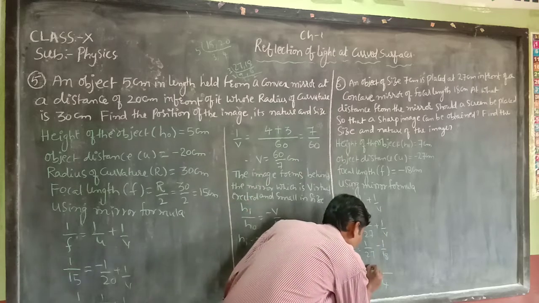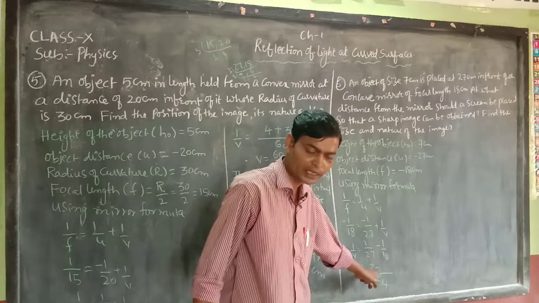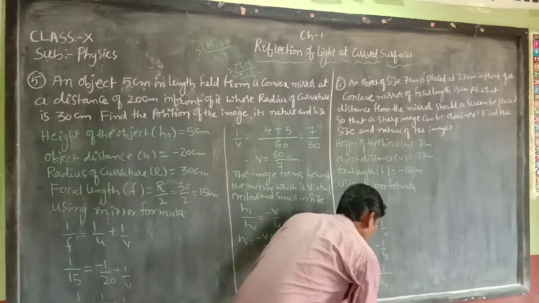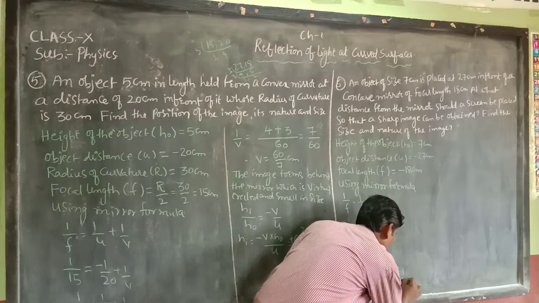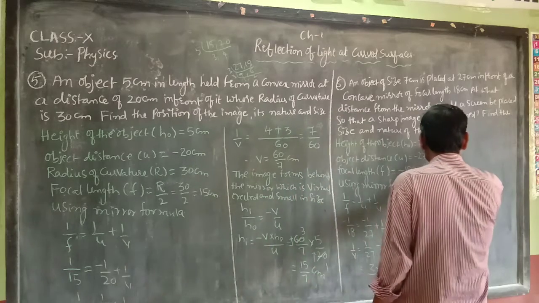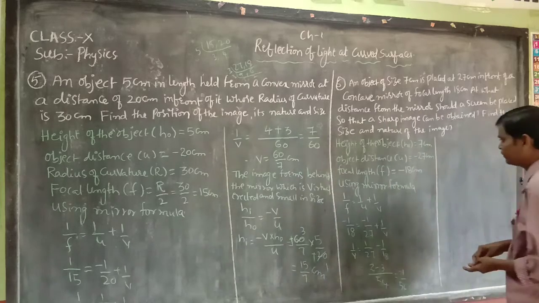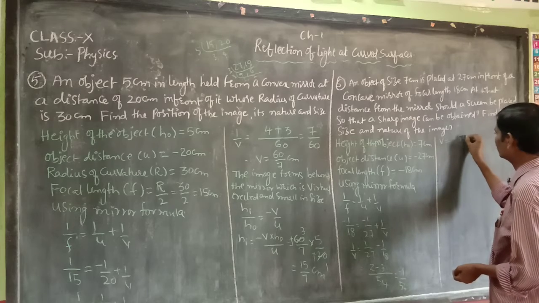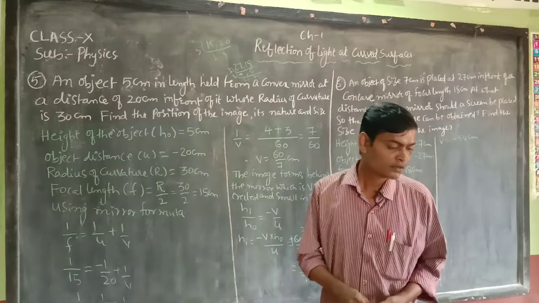So 1 into 2, 2, minus, in the 18 table, 3 times. 18 3s are 54. So this is minus 3. That is equal to minus 1 by 54. Now, what can we write here? V is equal to minus 54 centimeters.